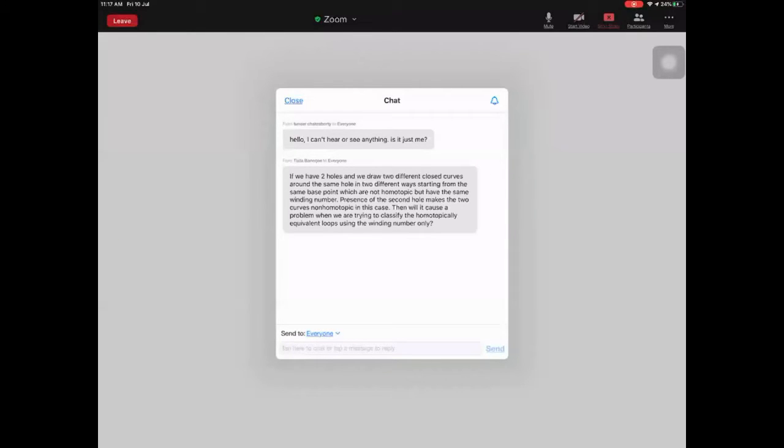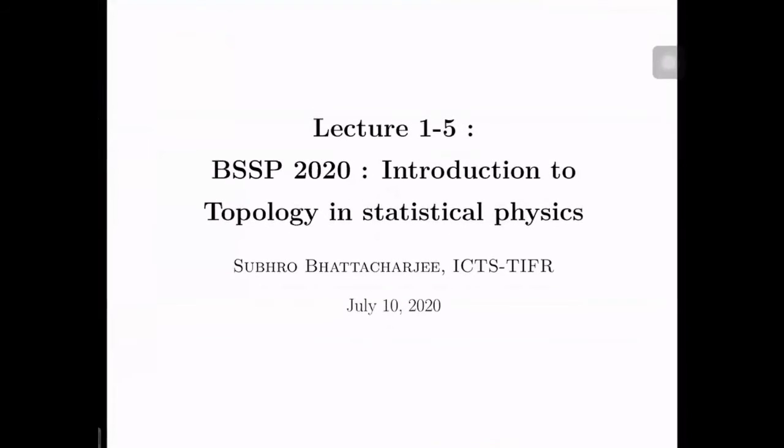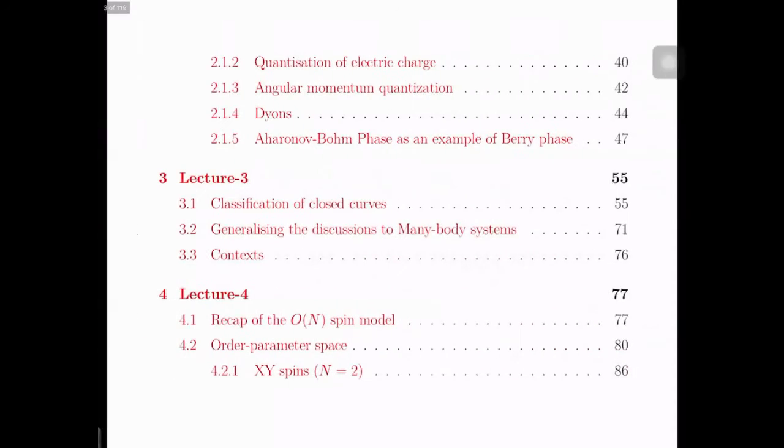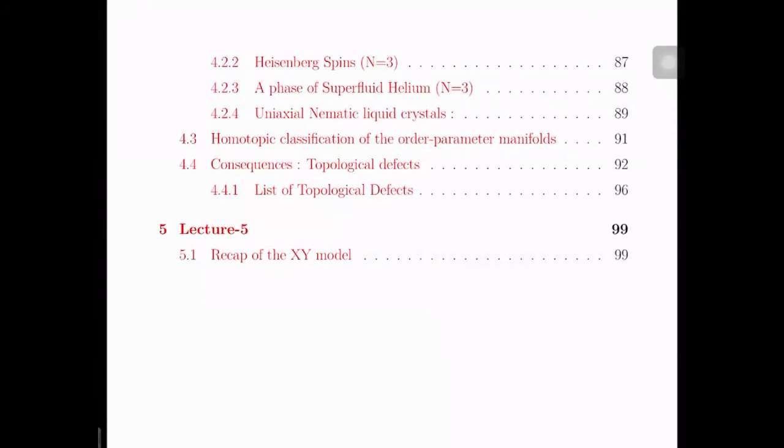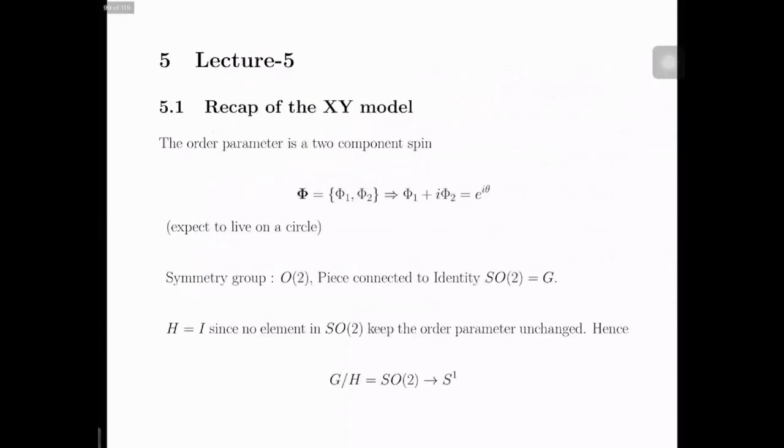Okay, good. So let's start with whatever we want to do today, which is basically to focus on the XY model. What we discovered yesterday is that because of this classification of the loops in real space and their mapping to the order parameter space, we can get topological defects.